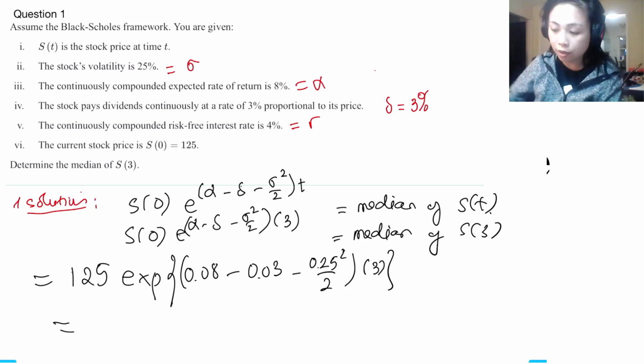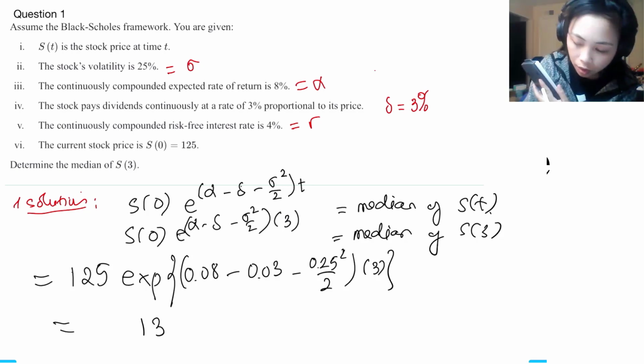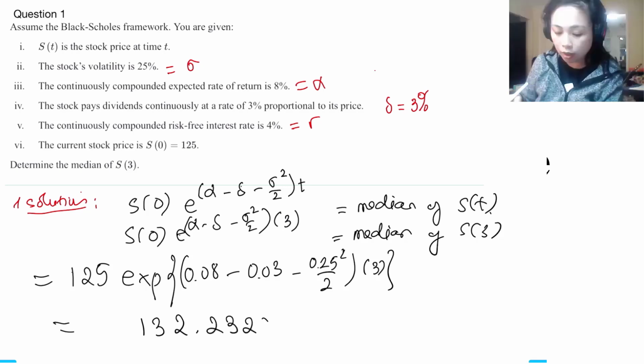Now I'm going to use my calculator to find the answer. I got 125 times e to the 0.08 minus 0.03 minus 0.25 squared divided by 2, the whole thing times 3 in the exponent, and the answer is 132.2328. That's the answer.